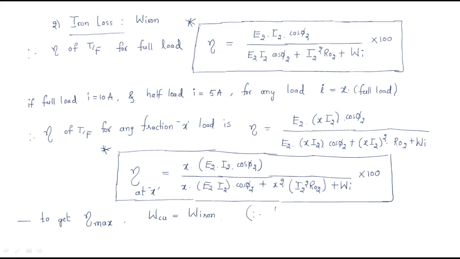Most important thing, don't get confused: to get maximum efficiency, copper loss is equal to iron loss, not that iron loss is variable. The reason is copper loss is variable and iron loss is constant.